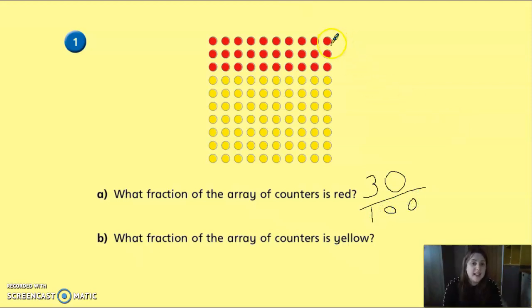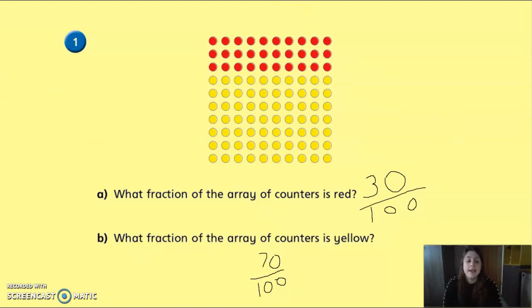Now if we've got 30 that are red out of 100, we should be able to realise that then we should have 70 yellow ones left. And if we need to check and count, we can go 10, 20, 30, 40, 50, 60, 70. So the fraction of my array that are yellow is 70 out of 100. So hopefully that's warmed your brain up and that will link in a second.